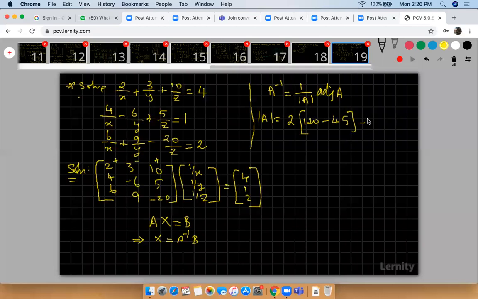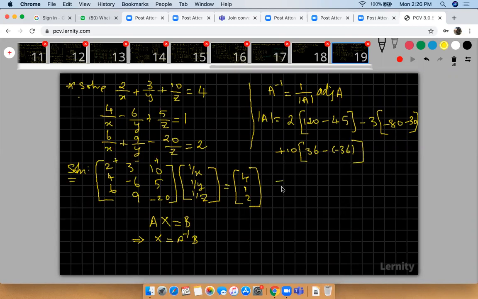Minus 3 into 4 into minus 20 and 6 into 5, plus 30, but we have another minus, so minus 30. And plus 10 into 4 nines are 36, here minus of minus 36. I am just finding the determinant value.